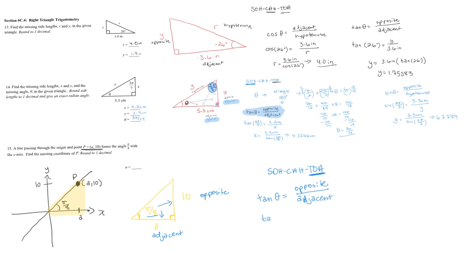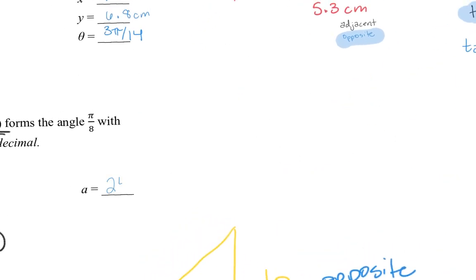So tan of pi over 8 is equal to 10 over A, our adjacent side, which, moving some stuff around, A is equal to 10 over tan of pi over 8, which means A is roughly 24.142. And if we round to 1 decimal, A is equal to 24.1.